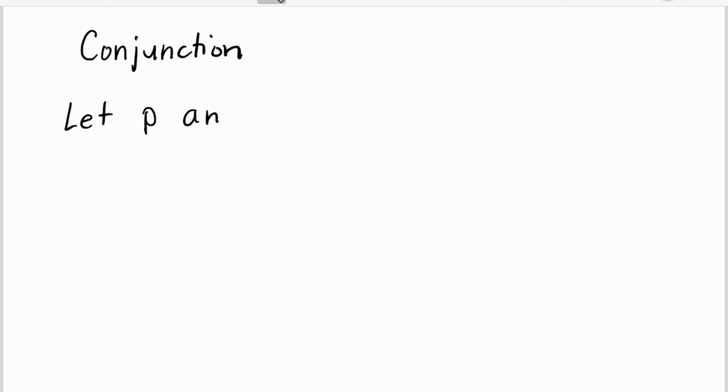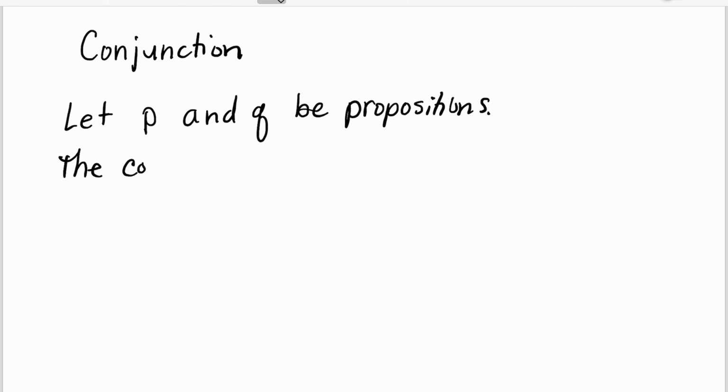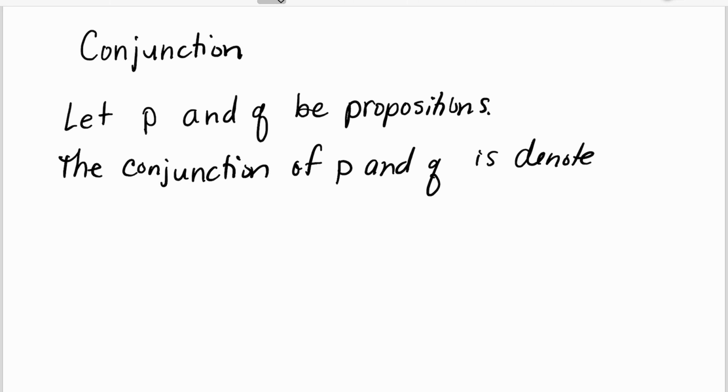Let P and Q be propositions. The conjunction of P and Q is denoted like this: P, and then we have a little upside down V and Q. Now this little upside down V is the symbol that stands for "and", and that is the connective that creates the conjunction.